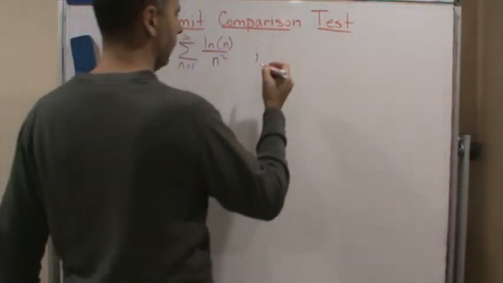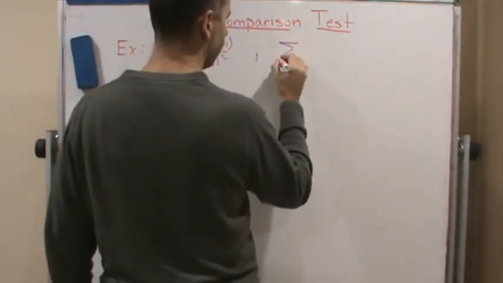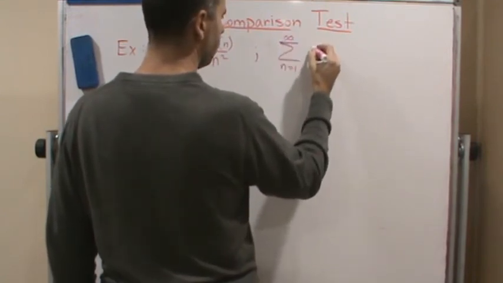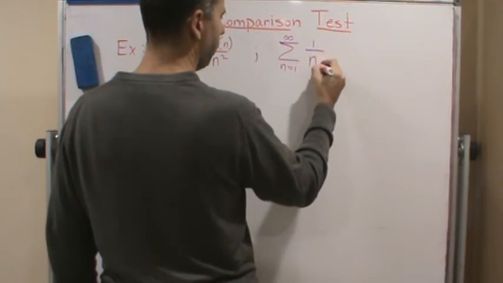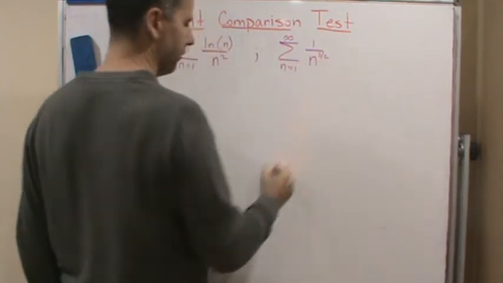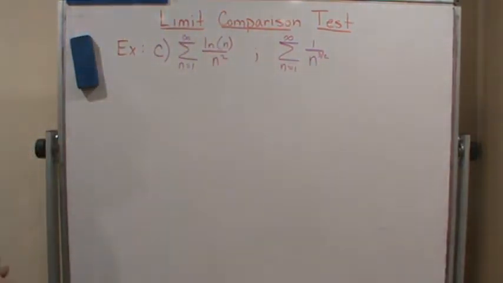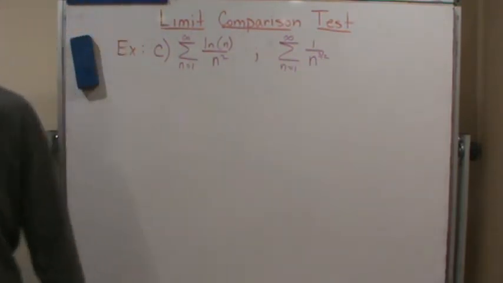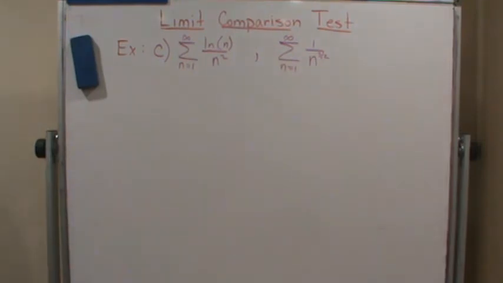Let's try the series n equals 1 to infinity, and let's do 1 over n to the 3 halves. So we tried 1, we tried 2, let's do 1.5. So again, let's take the ratio and see what we get.